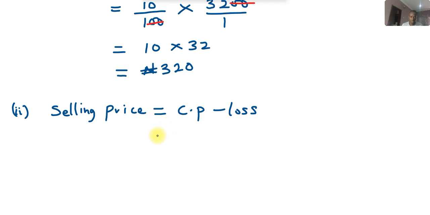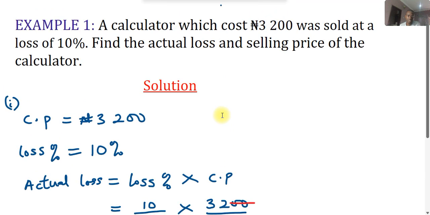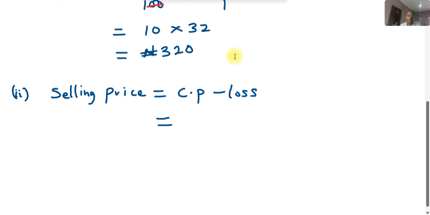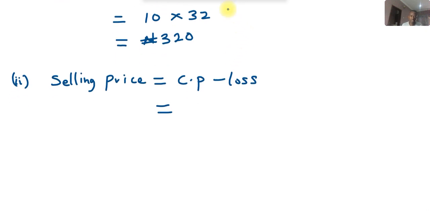So we have this then will be equal to, what's our cost price? According to the question, our cost price is 3,200 naira, minus the loss.